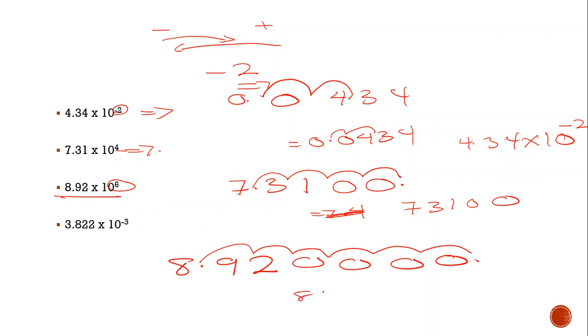So we have 8, 9, 2, 0, 0, 0, 0. This is 8,920,000.